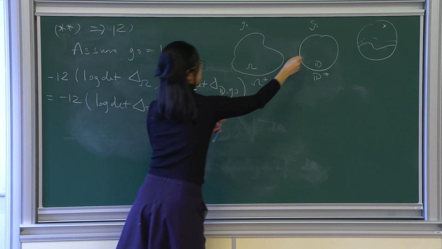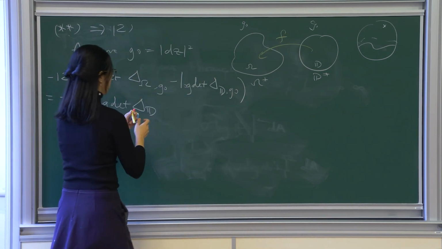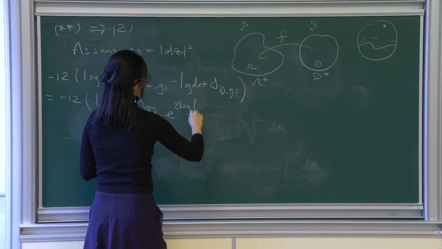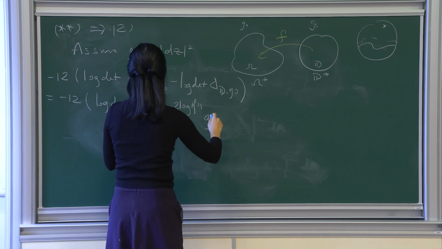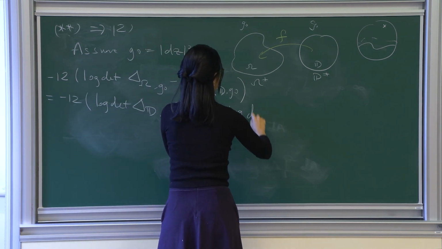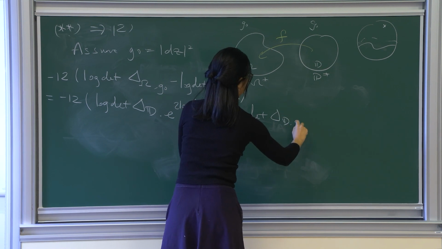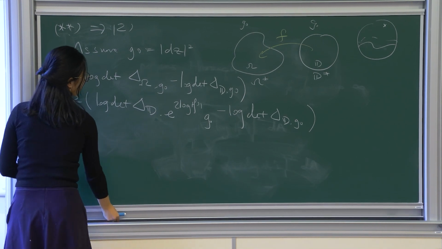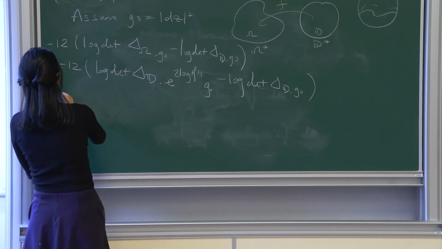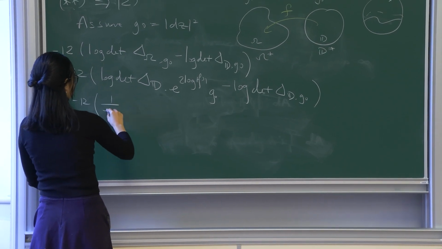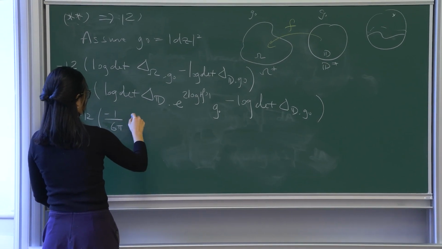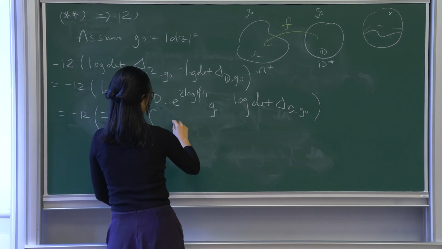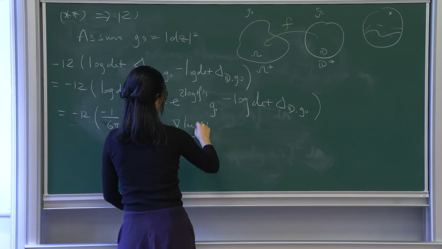Now I can pull back again. So this is exponential 2 log f prime G naught minus log determinants of Laplacian G naught. This is minus 12, 1 minus 6 pi, 1/2. Okay, integral of, this is the good term that we wanted.